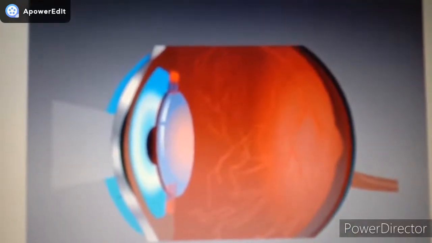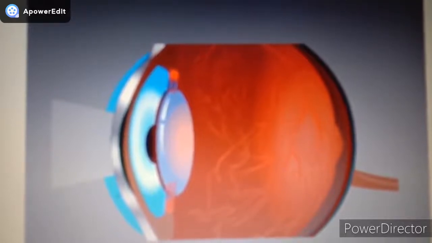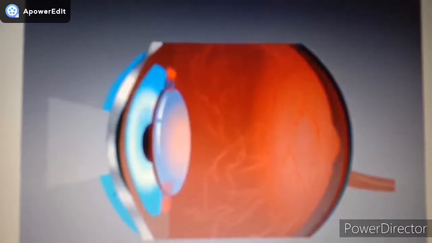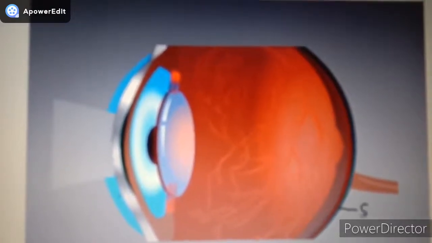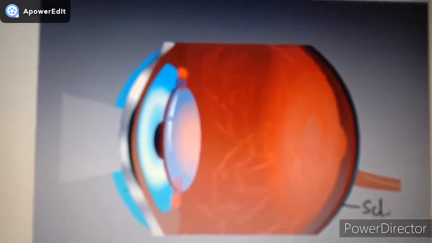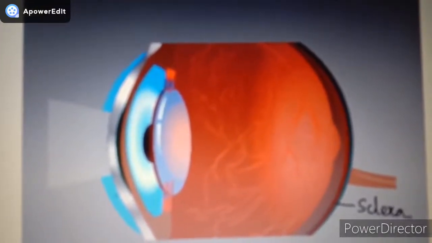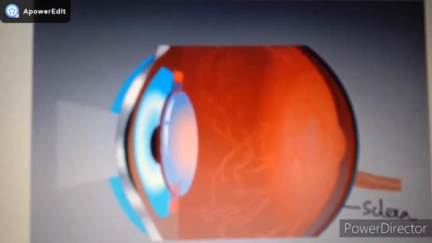Now let us try and identify the different parts of the eye. The outermost layer of the eye is known as the sclera. Here you can see in the diagram, this is the outermost layer of the eye, the sclera. Then the middle, highly vascular layer is known as the choroid.